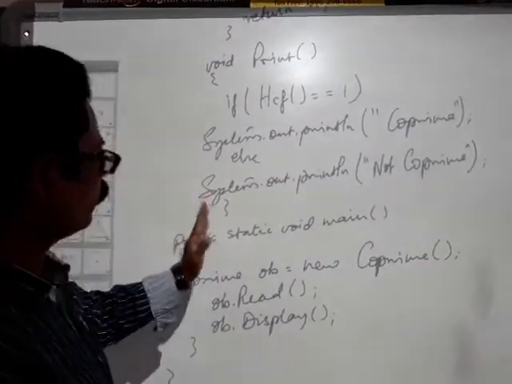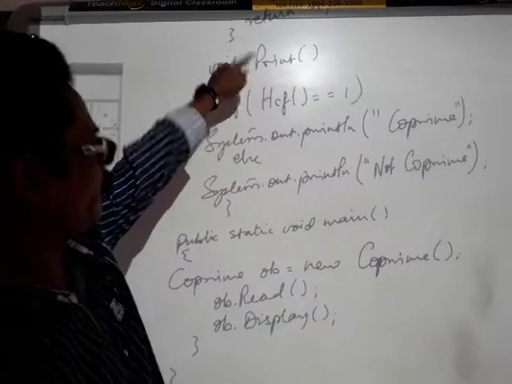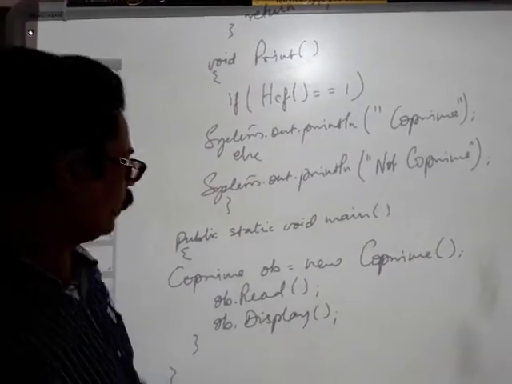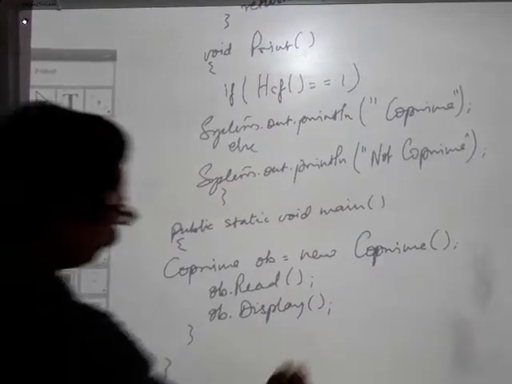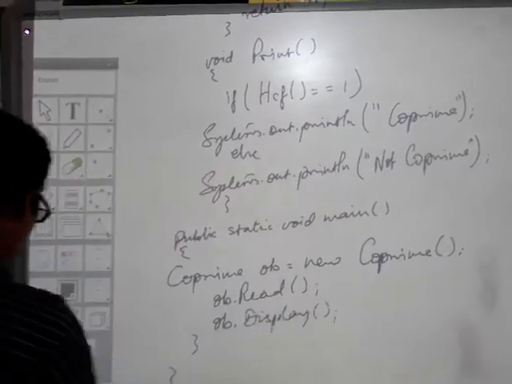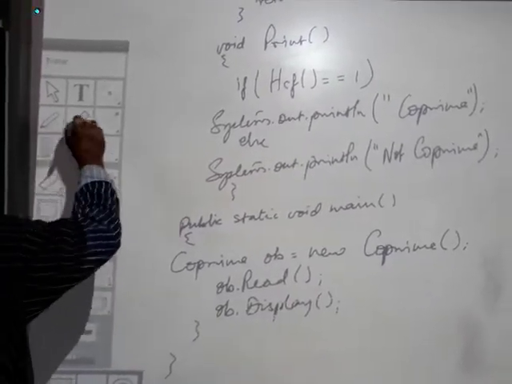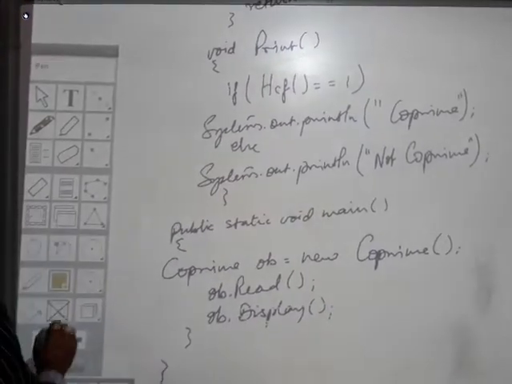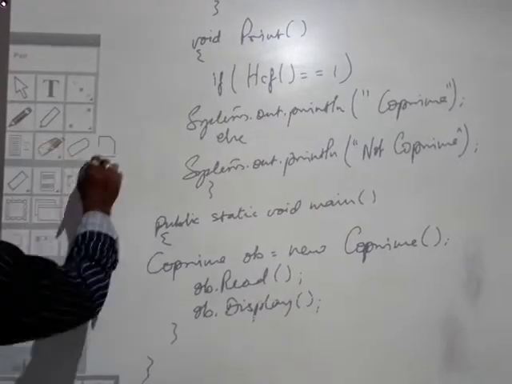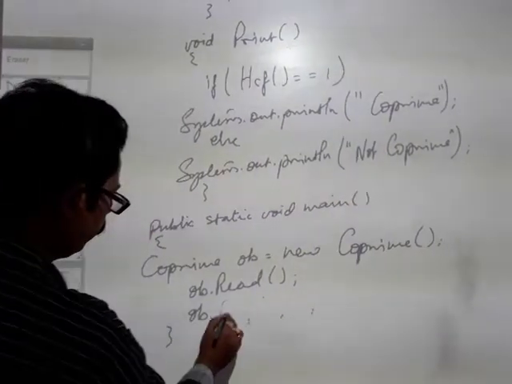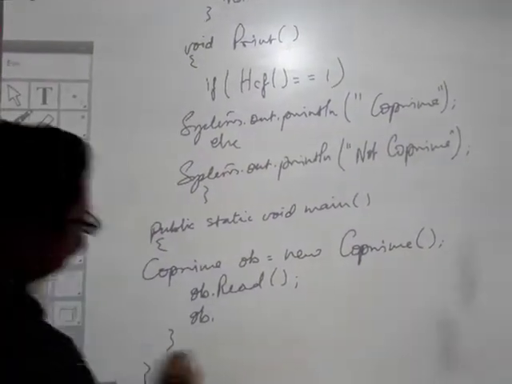Now, as we know that HCF has been called from the print function, there is no need of calling the HCF function out here. Just hold on here. In this case, instead of writing the display function, we will write the print function.